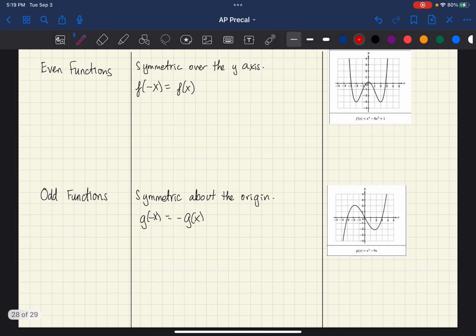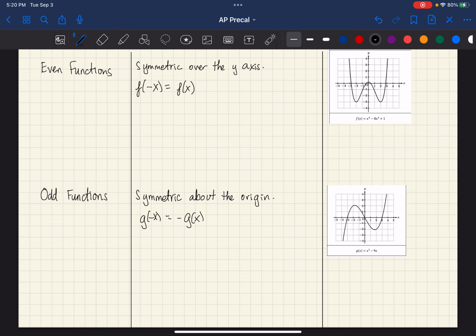Okay, and the last thing to go over are even and odd functions. So you have here, even functions are symmetric over the y-axis, and the key to doing that algebraically is you need to replace x with a negative, right? So here you have your example. It's very, very small. I'm sorry about that.